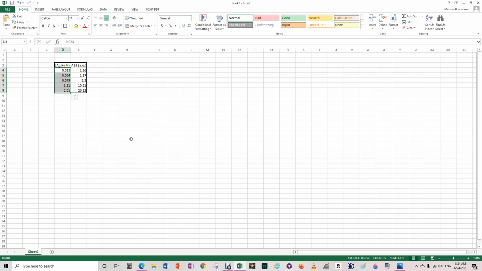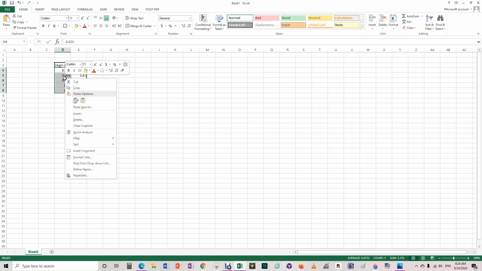But in my opinion, most likely the molarity should have the same number of significant figures, because most likely you made them by using M1 V1 equals M2 V2. So there's one way that you can fix the significant figures.